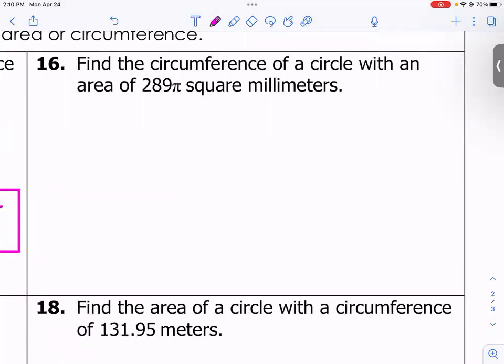Okay. So you guys, I am asking you to find the circumference. They are giving you an area of 289 pi. So if the area is 289 pi, and we know that the area is pi r squared, Jake, what do we do with that?